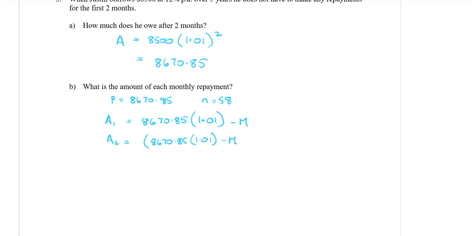I start with what I had at the end of the first month, but I have to put that in brackets and times it by another lot of interest, 1.01, and then make another payment. If you expand that out, you get 8,670.85, and 1.01 squared. You will then get minus 1.01 m minus m.